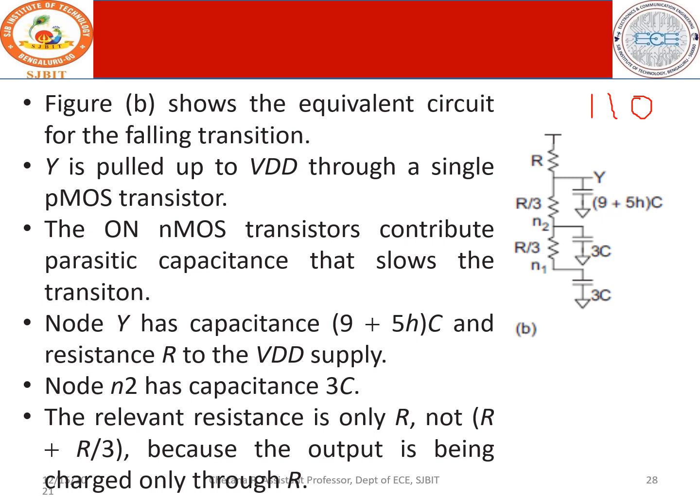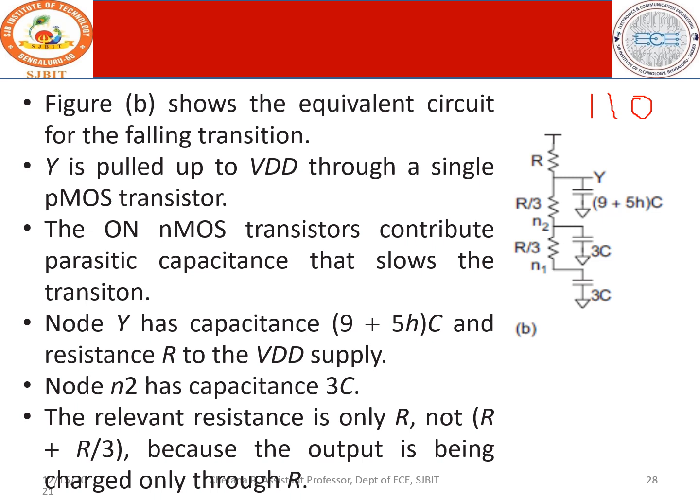You have again node Y. At node Y, you have the capacitance 9 plus 5H C and the resistance from VDD. From here to here we need to consider. Therefore, it is 9 plus 5H into R.